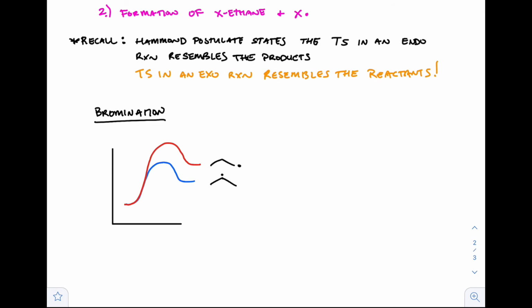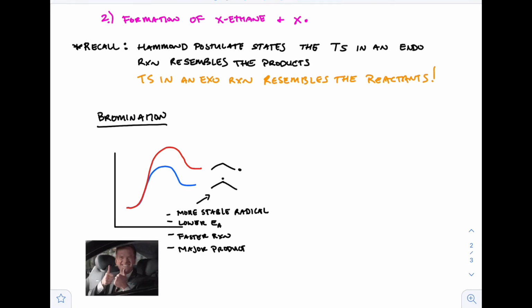So we've got our secondary radical, which is more stable than our primary radical. And this is just because the secondary has more R groups, right? It can donate into that electron deficient carbon radical. And so it's the same thing as like a carbocation, right? And so this is going to lower the activation energy and going to give you faster reactions and a single major product or majority product.